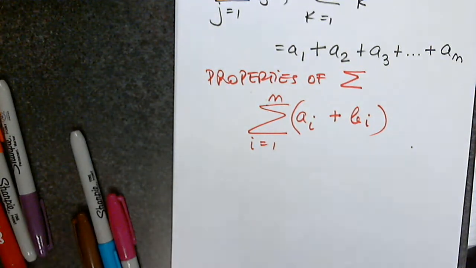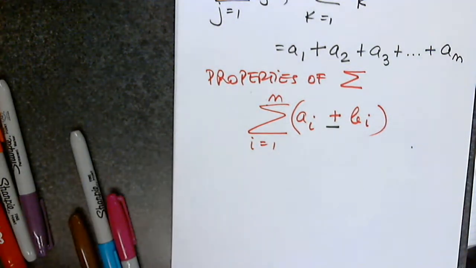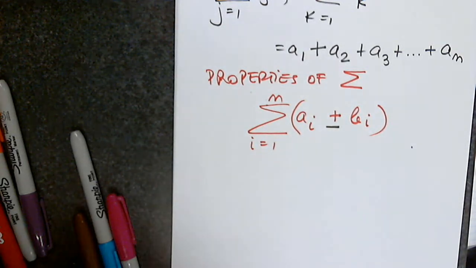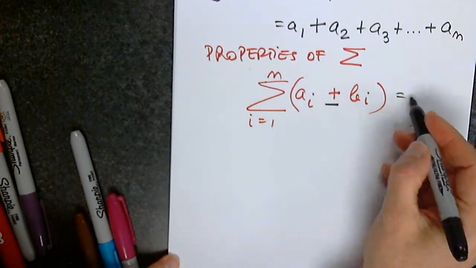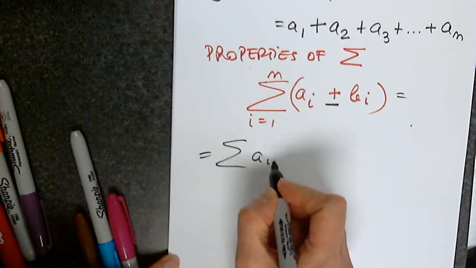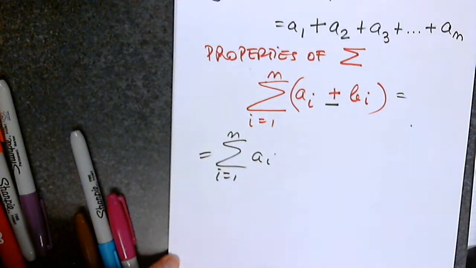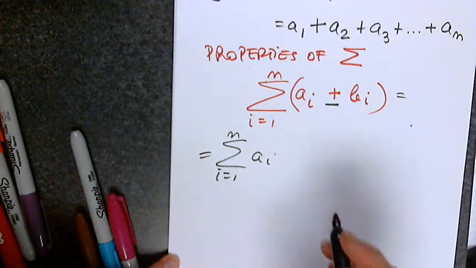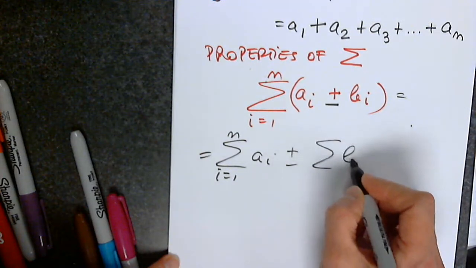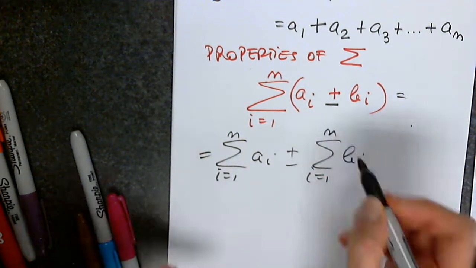What do you think this will equal to? This is the same as the sum of ai from i equals 1 through n. And what will you say then? Plus or minus the sum of bi from i equals 1 through n.